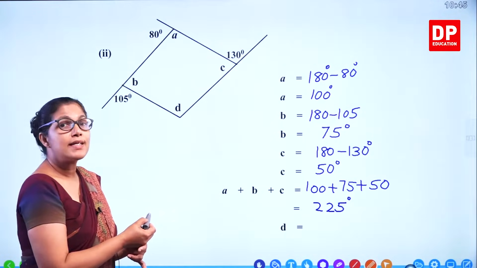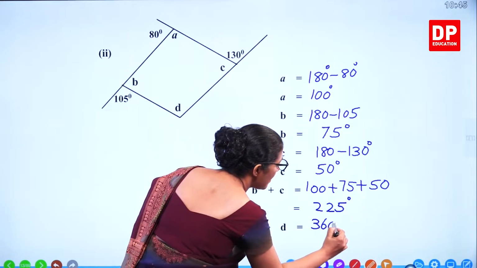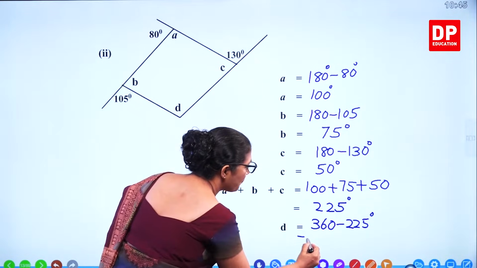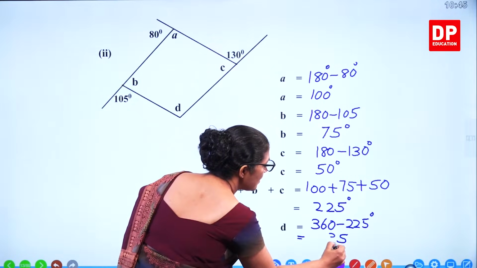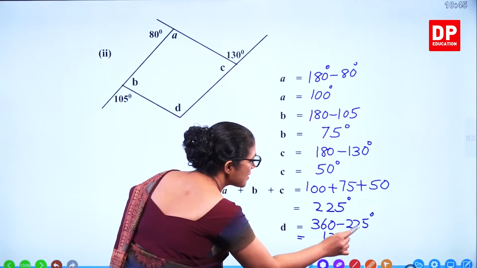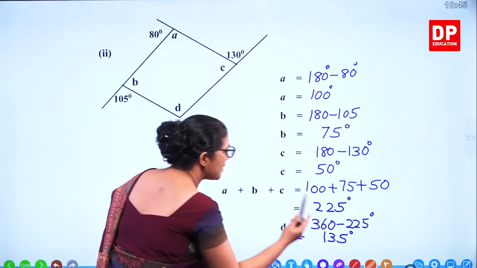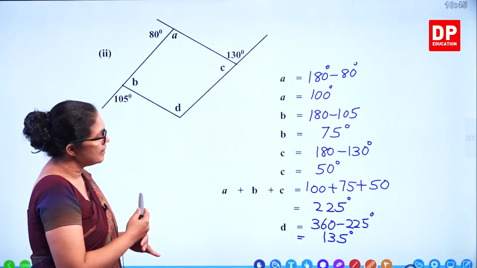The sum of angles in a quadrilateral is 360 minus 225. You get 135. So 135 is angle D.